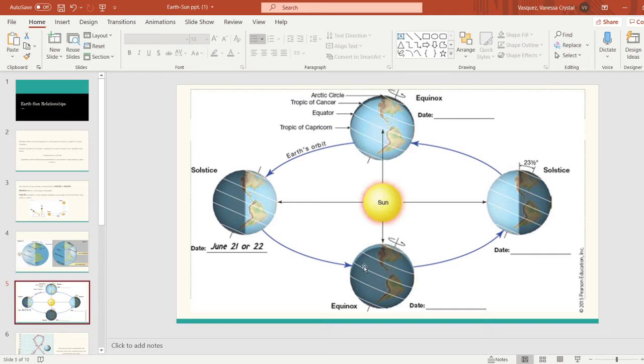The months pass by and the sun is directly overhead at the equator again, and this is known as the fall equinox on September 21st, 22nd.